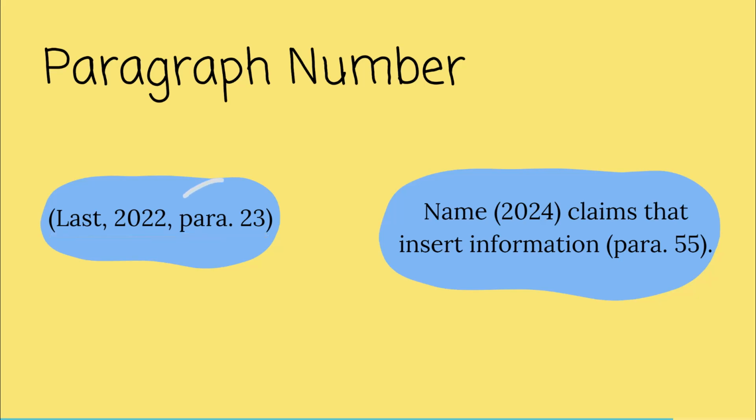To abbreviate paragraph, you use a lowercase para followed by a period. Then you put a space and then the paragraph number. If you do say the author's last name in the sentence, the author's last name will be followed by the year of publication in parentheses, and then at the end of the sentence, you will have the paragraph information.